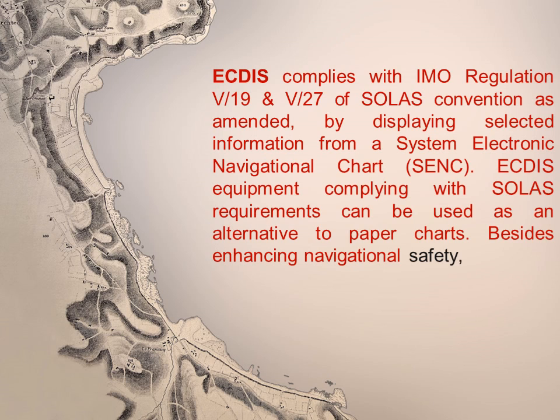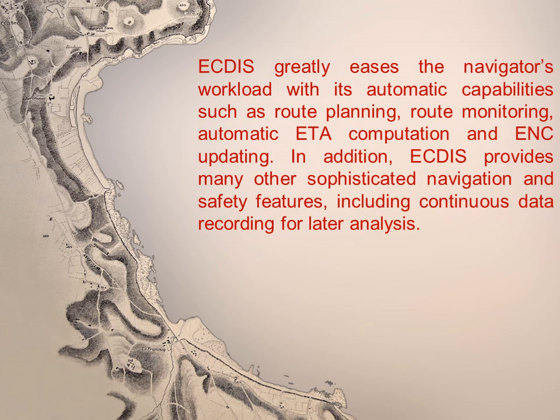So, if you have two ECDIS, you are not required to have a paper chart. But if you have only one ECDIS, you are required to have a paper chart, because once the ECDIS malfunctions, you have to use another option, which is the paper chart. But if we have two ECDIS on board, it is paperless. There is no need to have a paper chart.